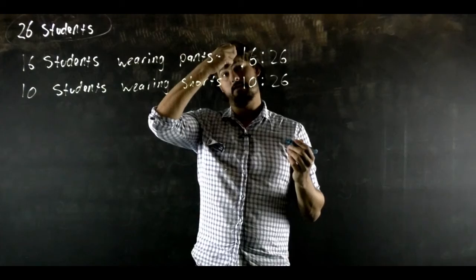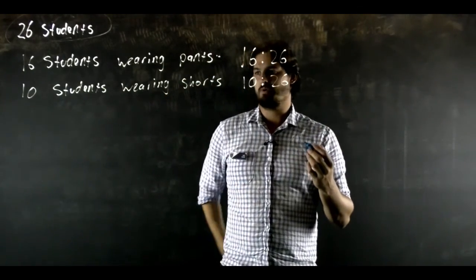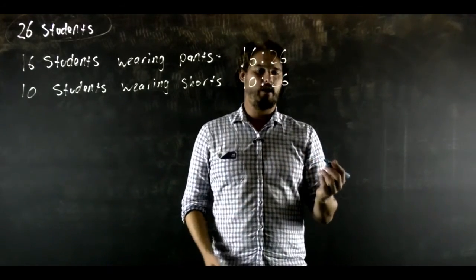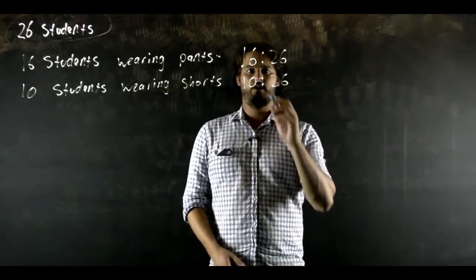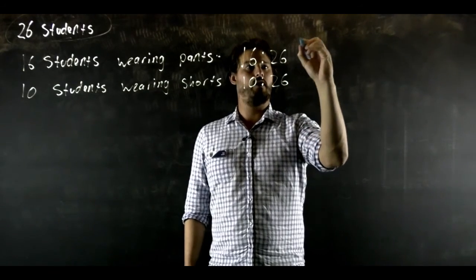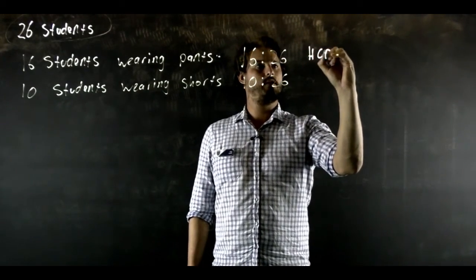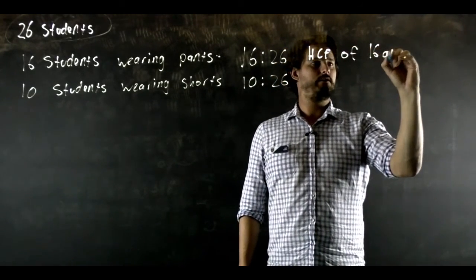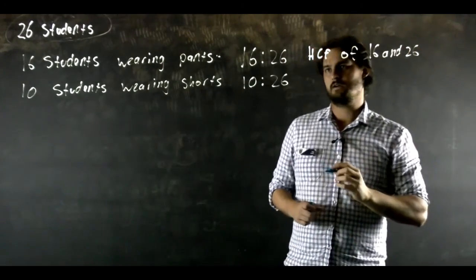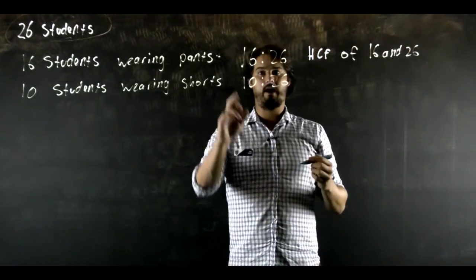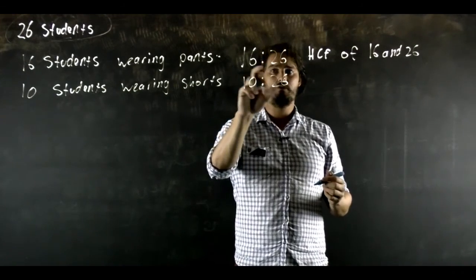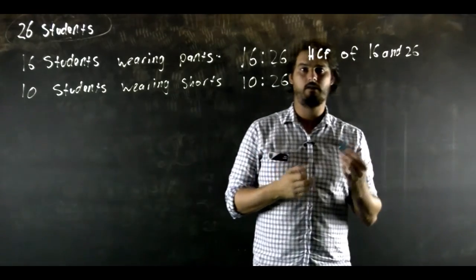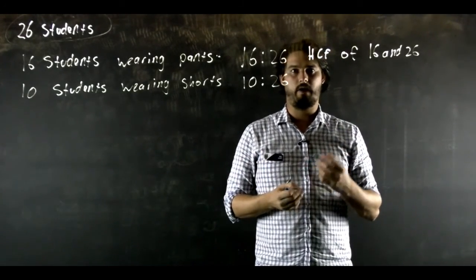What we'll often do in maths is ask you to write things in the simplest possible form. When we're talking about ratios, we need to find what's called the highest common factor. So our first one here, we need to find the highest common factor, HCF, of 16 and 26. We know that both of those are even numbers, so 2 is going to be a common factor. Is it going to be the highest common factor? That's where we need to go through our different numbers.